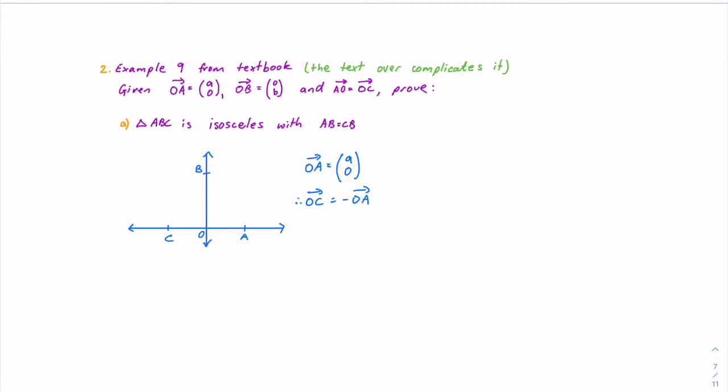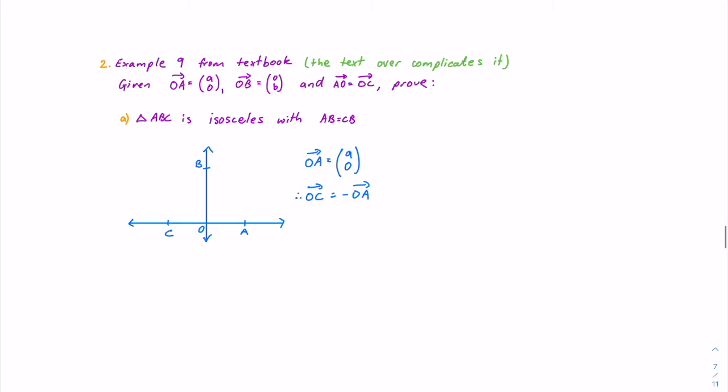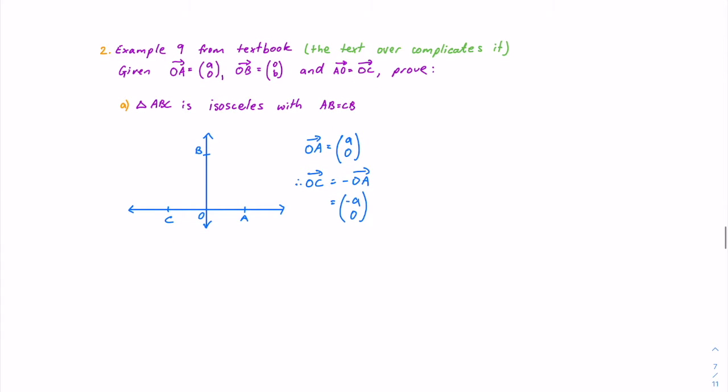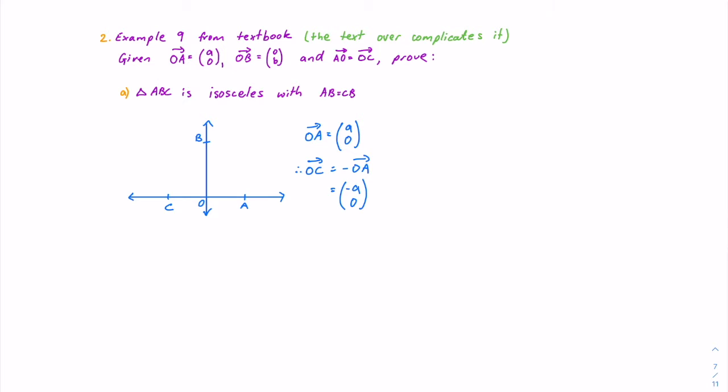Because AO equals OC, OC is the negative of OA. That was AO there. This is the negative of OA. It's been reversed. So just negative OA. That gives some coordinates basically for C, which makes it really, really easy to solve. So if you get that diagram right, you're almost there.